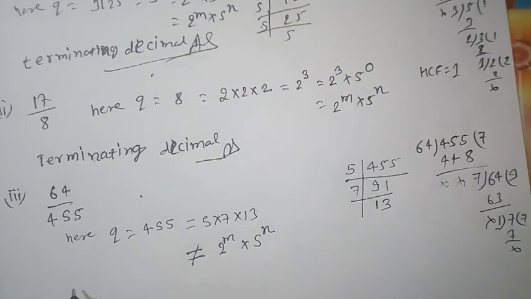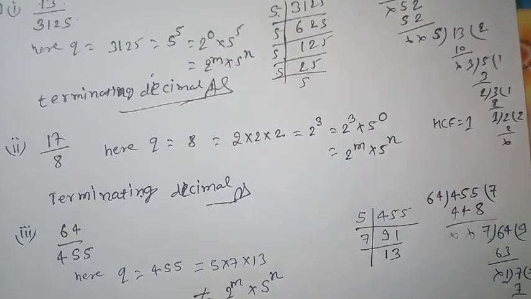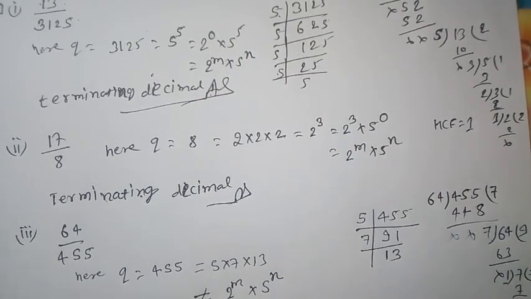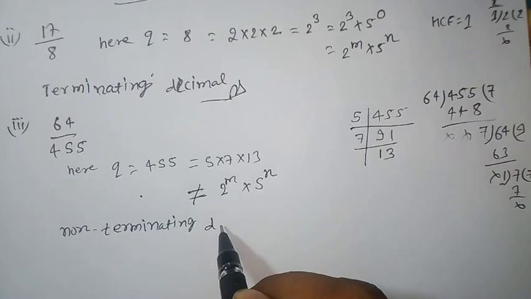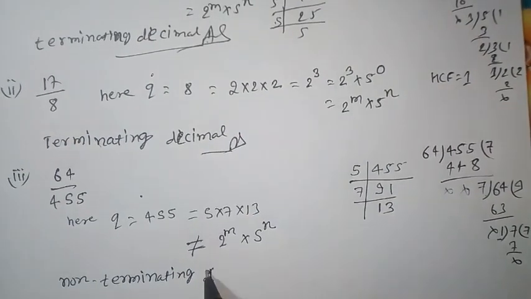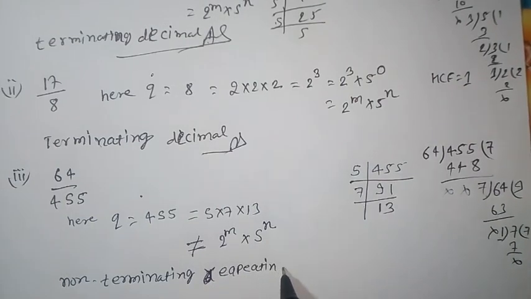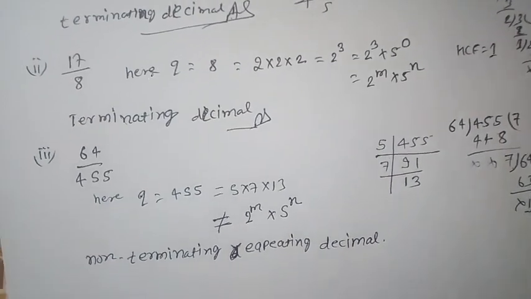So 64 by 455 is not terminating. This is a non-terminating repeating decimal.